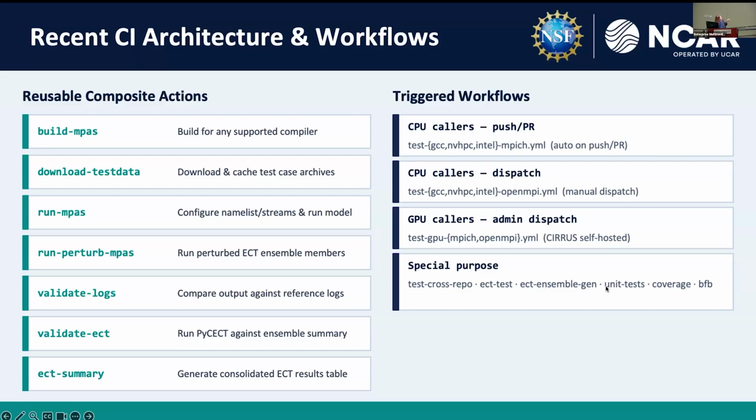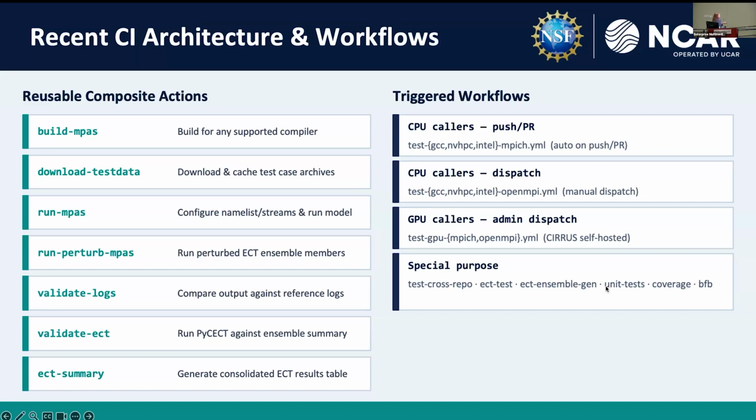So the workflows that run automatically when there is a push or a PR are the testing of the 3 compilers on CPU, along with MPICH, because that's the default we wanted. And then we have additional workflows that are triggered by dispatch. We're also especially careful to only allow admin dispatching onto the GPU callers onto Cirrus because of security concerns.